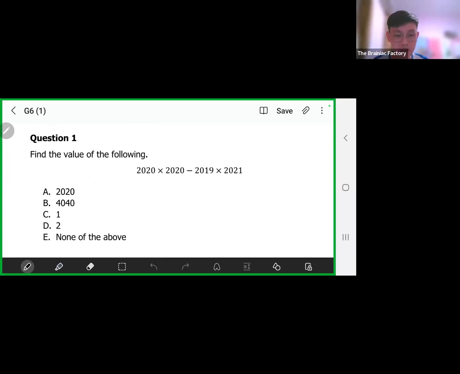As we can see, the expression is 2020 times 2020 minus 2019 times 2021. So we have five answers: A is 2020, B is 4040, C is 1, D is 2, and E is none of the above. If you don't see any answer from A to D, you can choose E.